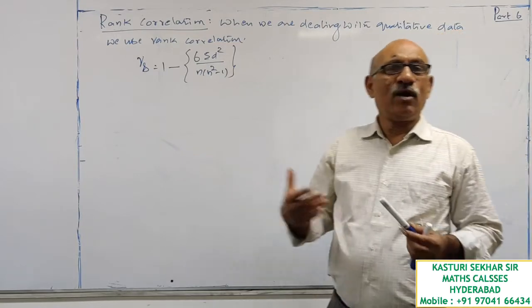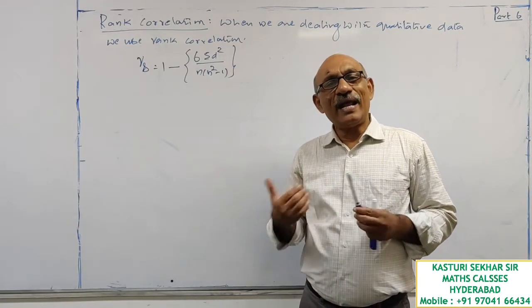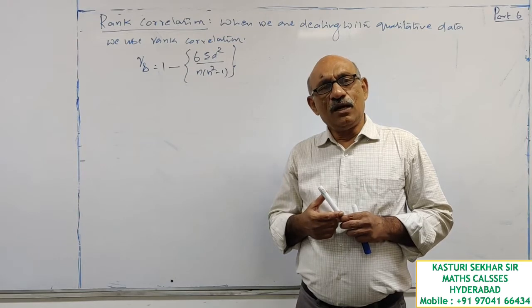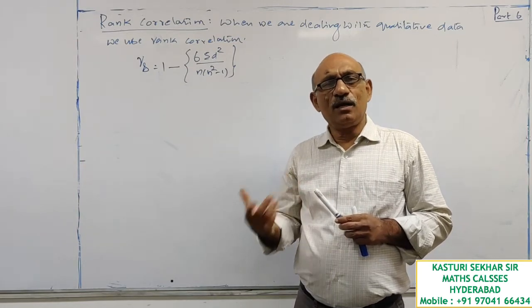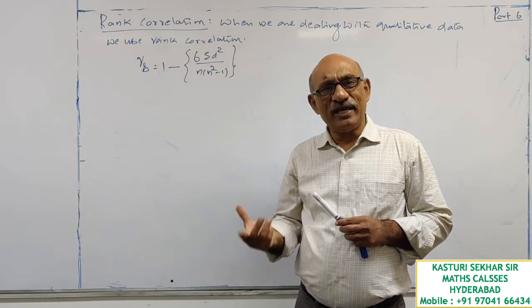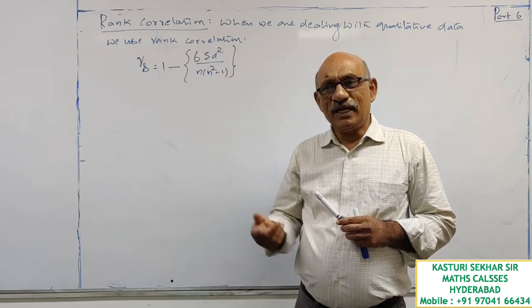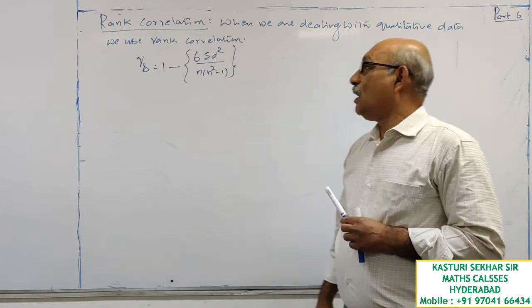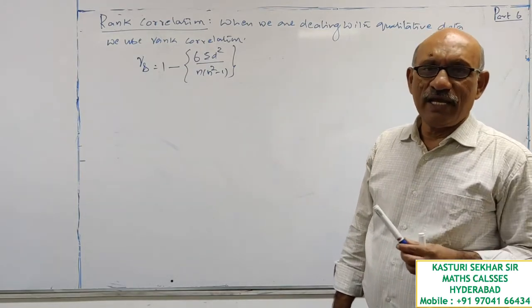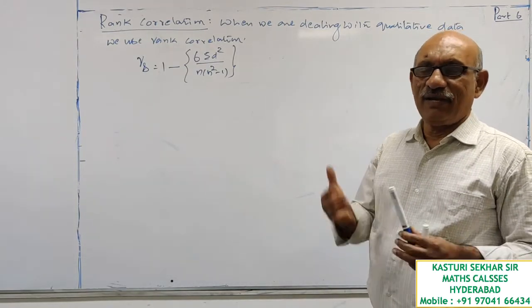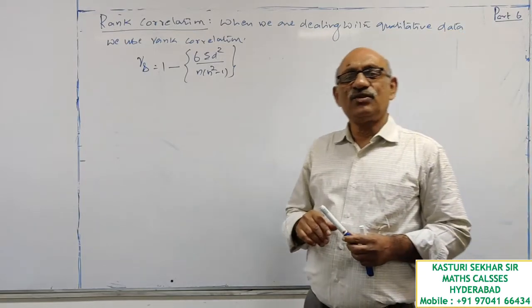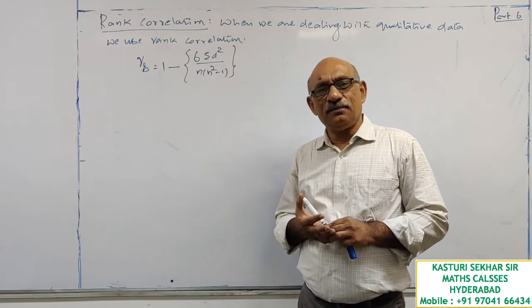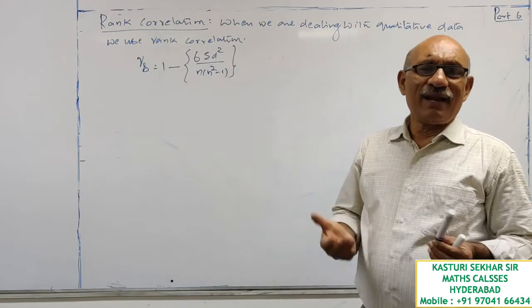According to the score you have, rankings are given. Rank number 1 is to the student whose score is highest, that is top mark student is rank 1. Second highest rank 2, third highest rank 3, this way rankings are given. Means qualitative data is converted into quantitative data by giving the rankings.